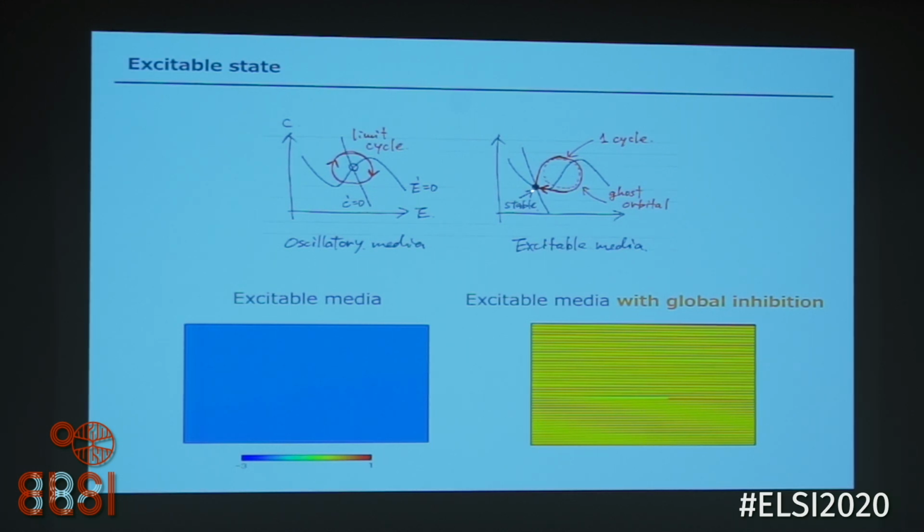Here the cross point is on positive slope. So no chance to have rhythm, no chance to have oscillation. But in case this position is very close to negative slope, this system has a chance to be activated only once by external stimuli.